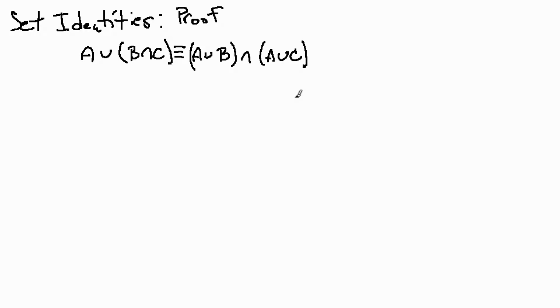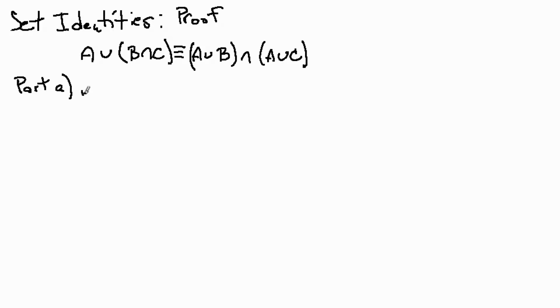Now, let's remember a couple of things here. We're trying to show that two things are equal. We're making a statement about sets. So the proof is going to be composed of two different proofs. Okay, so we have part A. We need to show that the left side is a subset of the right side.